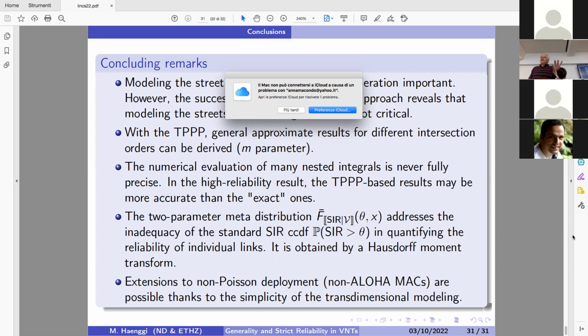Although deviating from Rayleigh fading is a significant step, because the Rayleigh fading has this exponential distribution that really gives access to a nice set of tools. But from what we've learned, whatever you do, if you start with something more simplified, like a transdimensional model, compared to something complete and exact, you have a higher chance of incorporating these finer aspects of vehicular networks.